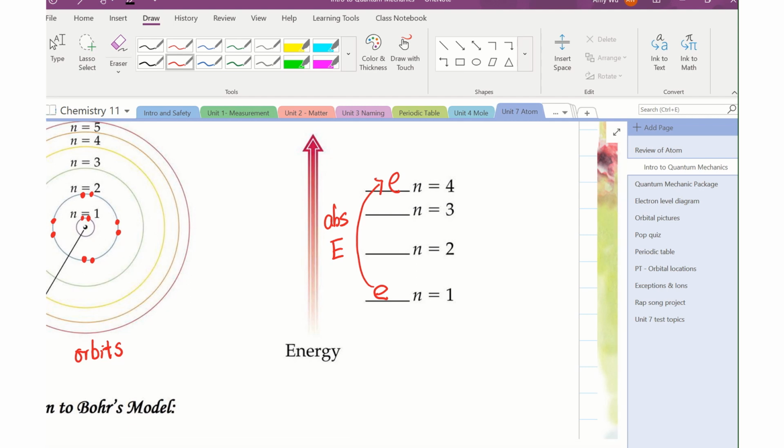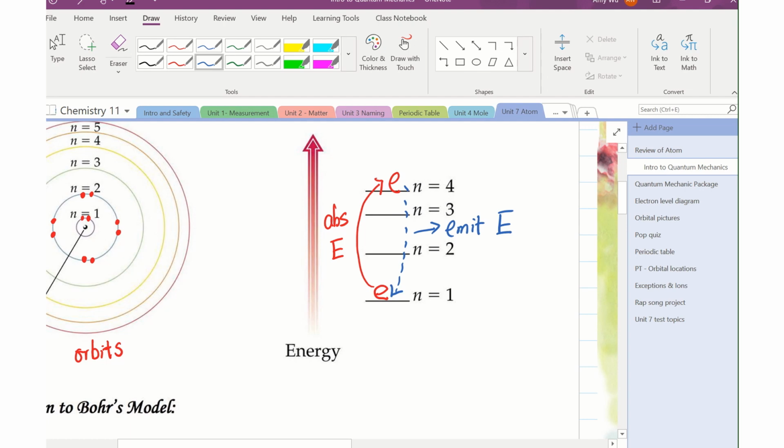And the opposite: once it loses the energy, it can go back to its ground level. When it gets excited, it jumps all the way from level 1 to level 4, but the energy can get emitted. When it emits the energy, it goes back to the ground level.